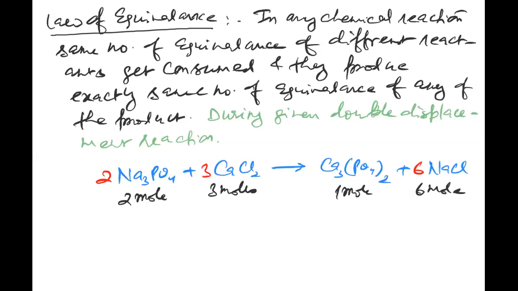Now, as per number of equivalents, first consider the n factor of each salt. The n factor of Na3PO4 is going to be 3, as the total positive charge on its cation is 3 plus, and the total negative charge on the phosphate ion is minus 3.